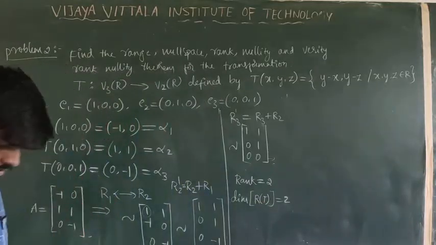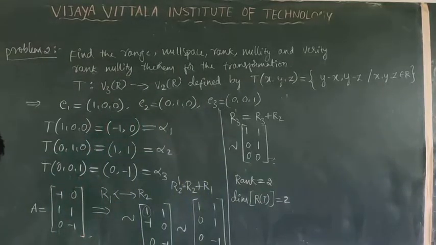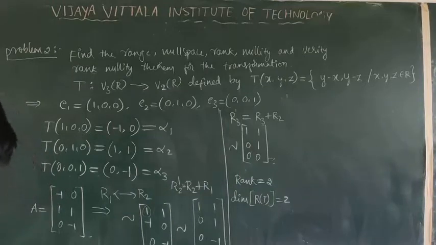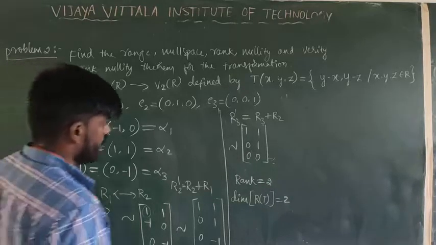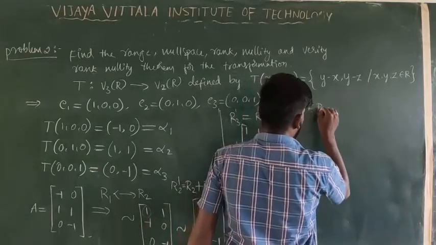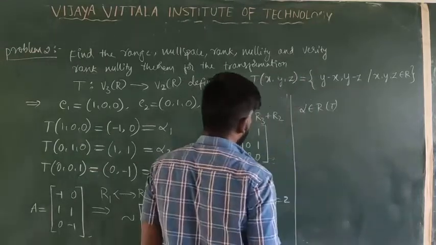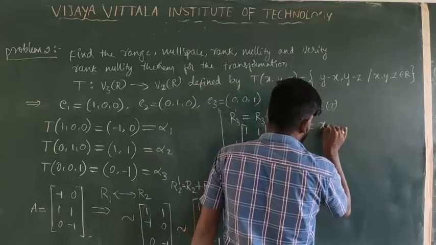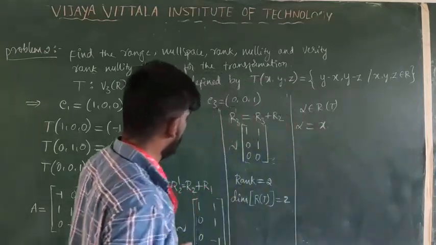Next, we have to find the range. To find the range, alpha belongs to R of T. Then alpha equals x into T of E1.